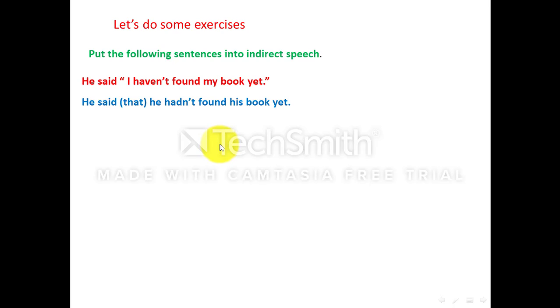Another example, they said, "We aren't ready." So they said that, my dear students, look here, that. And instead of the pronoun we, it will change to they, and aren't will change to weren't. We aren't ready, they weren't ready.